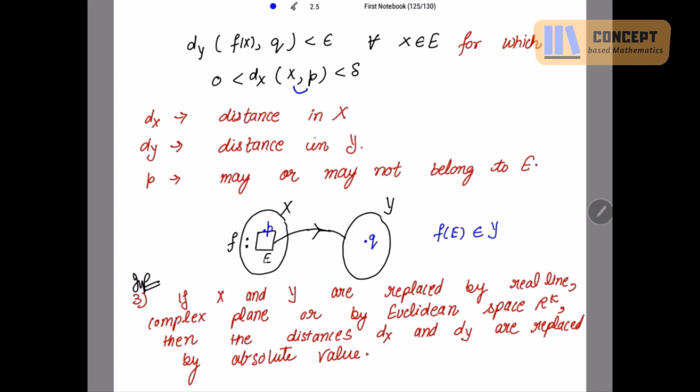We have taken E to be the subset of X, and let p be the limit point of E. Then p may belong to E, may not belong to E, since it is a limit point, right?